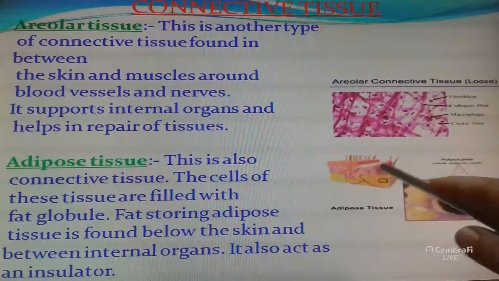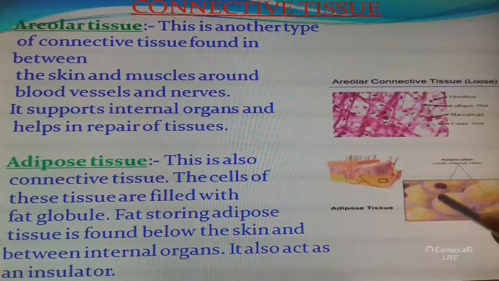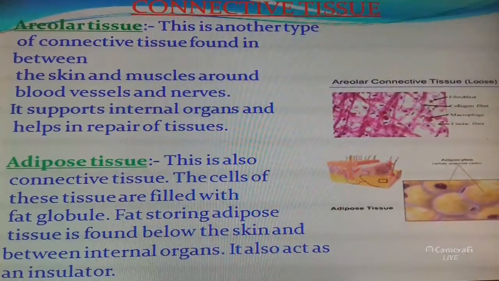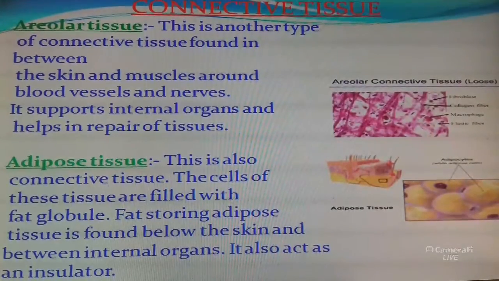And this is adipose tissue. This is also connective tissue. The cells of this tissue are filled with fat globules.